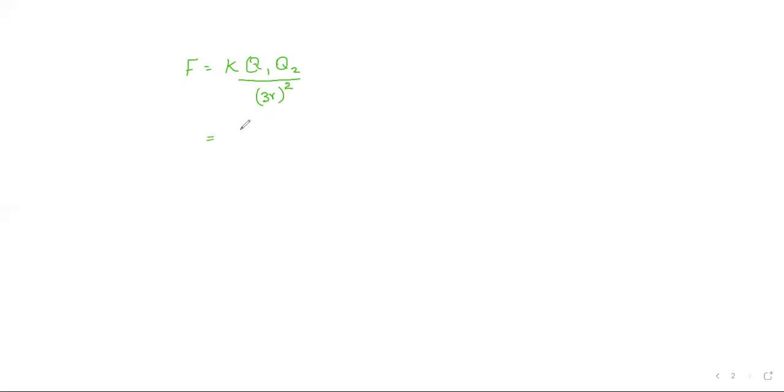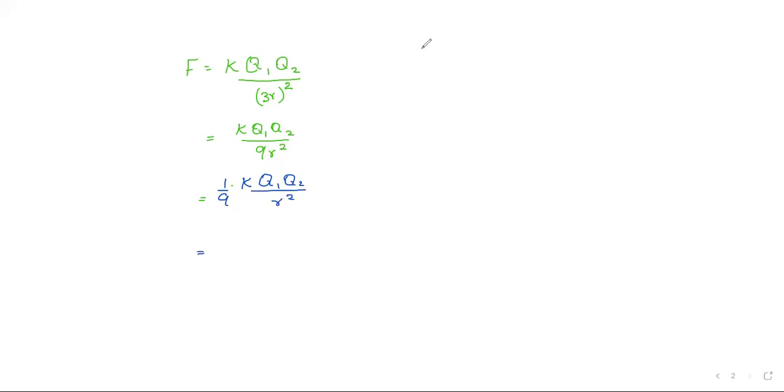So this becomes K, charge 1, charge 2 over 9R squared. This can be written as 1 over 9 times K, charge 1, charge 2, over R squared.